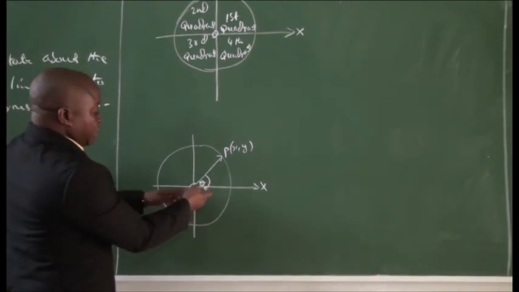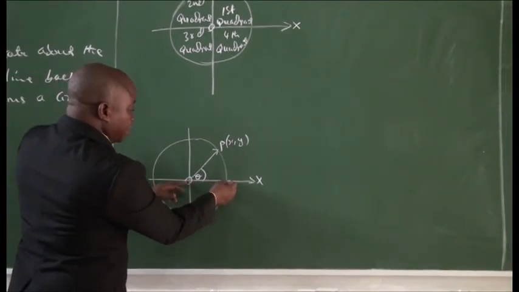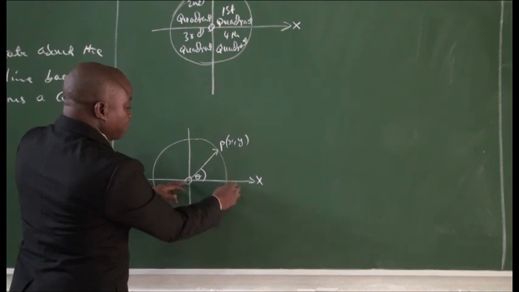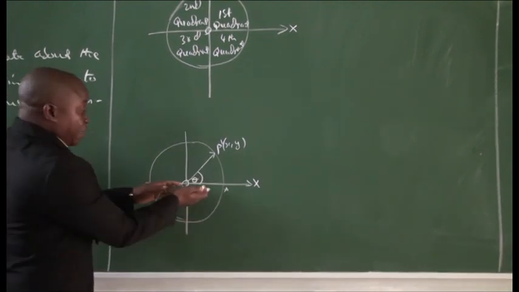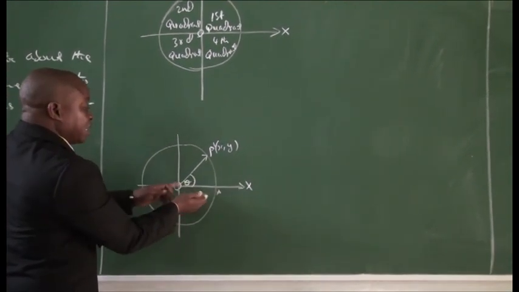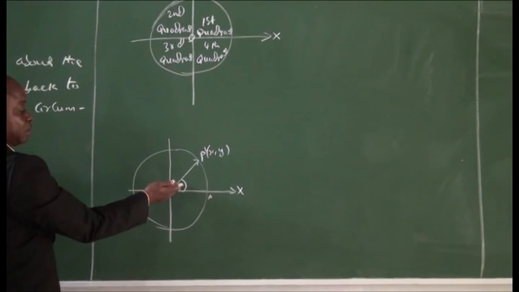When it moves, the line OP, which was here at point P, has moved now to P prime. In the process of the movement, it has swept out an angle, which is theta.